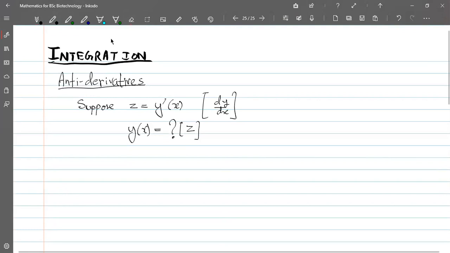Actually, you'll write y prime, so it's understood that you're differentiating with respect to x because it's specified here. So if z is equal to y prime, y is equal to what?